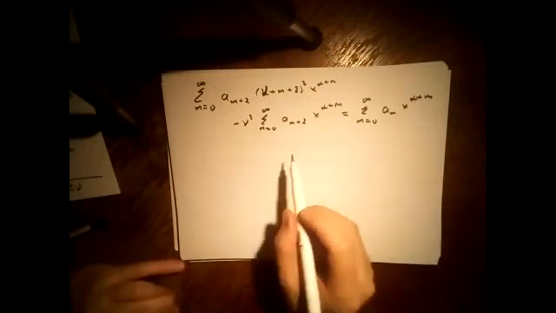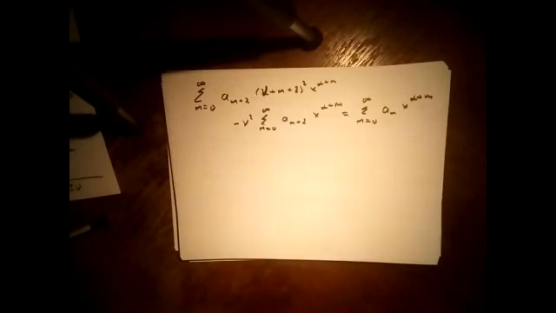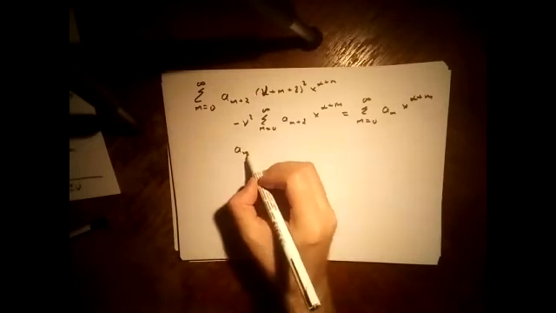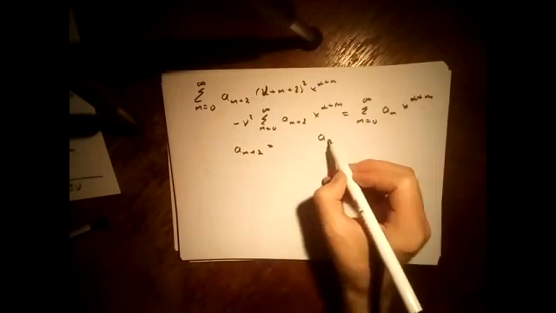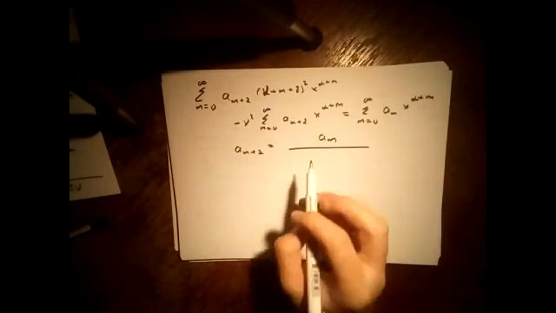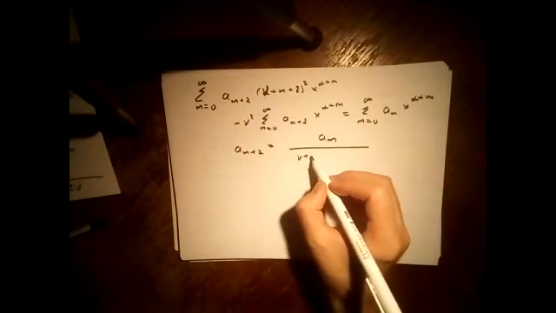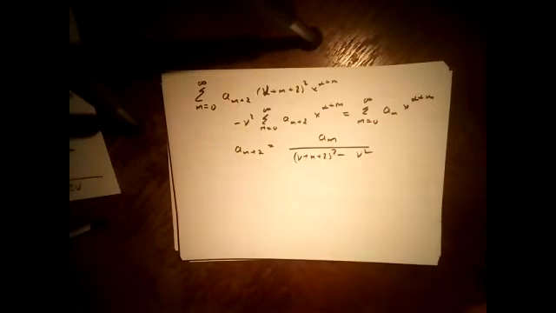So basically from this equation we can read the recursion relation. a m plus 2 is going to equal am divided by alpha plus m plus 2 squared minus nu squared, and alpha is nu.